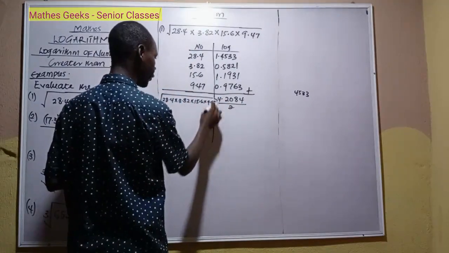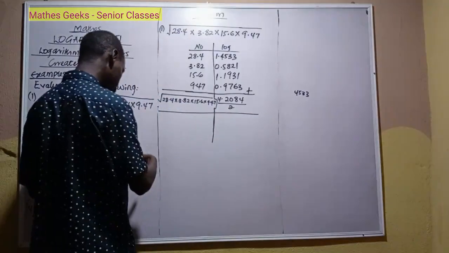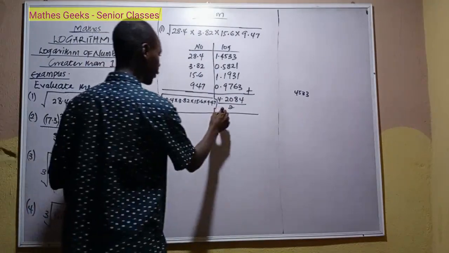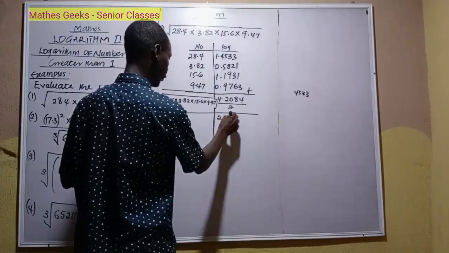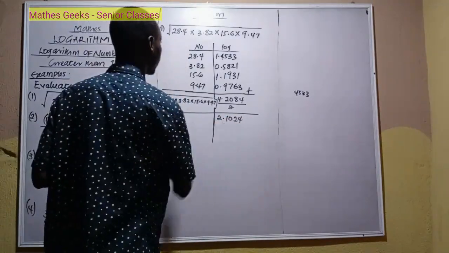So when you do that, we're going to have 2.1024. So we're going to go for the anti-log of this number.